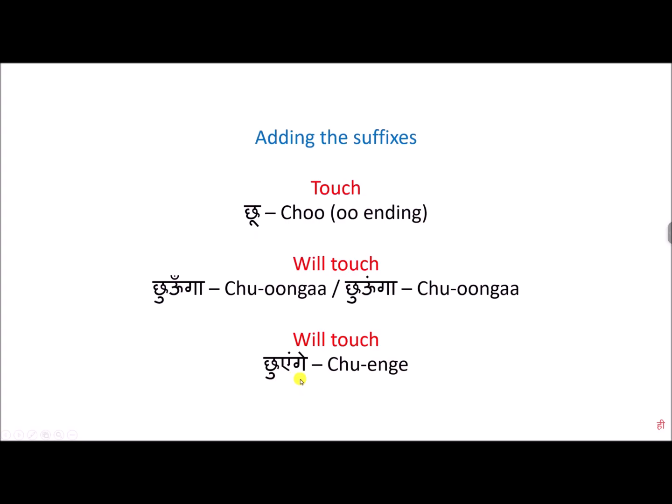Okay, so this is how we write. Only when a verb has consonant ending, the unga or enge gets merged with it, else it is written separately like this. Okay, and this is required only if you want to write in Hindi. While speaking it aloud, it gets merged or it sounds as if it is merged.